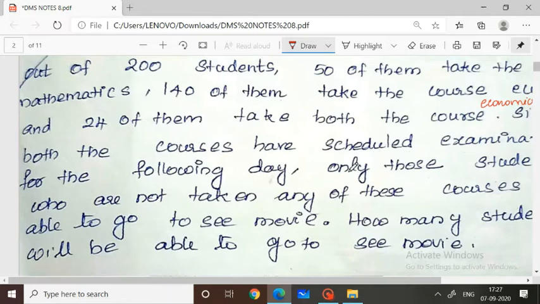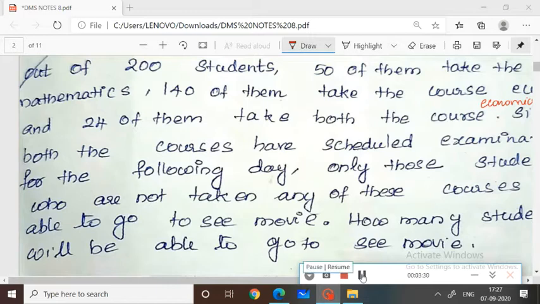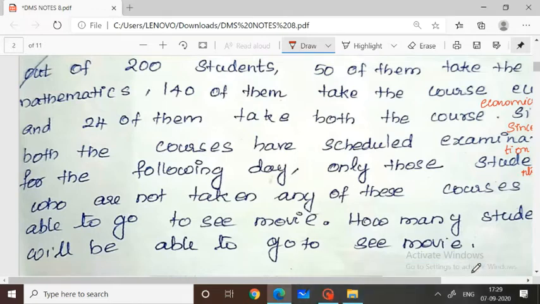Only those students who have not taken any of these courses are able to go to see the movie. How many students will be able to go to see the movie? So we have to do this problem.